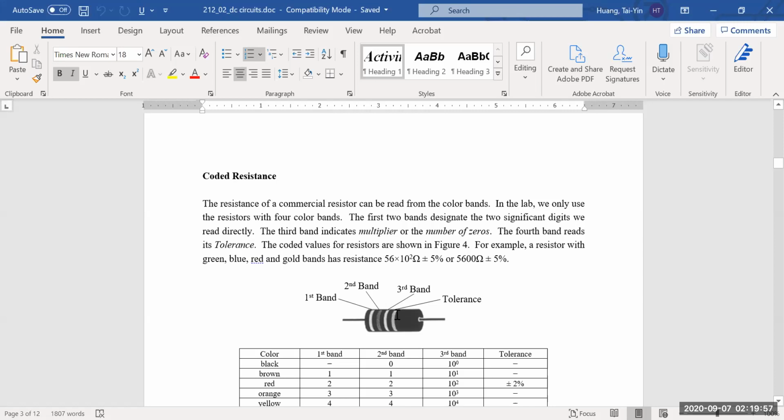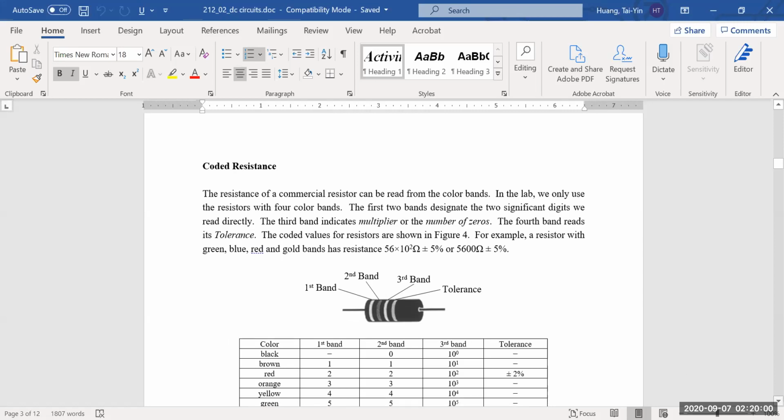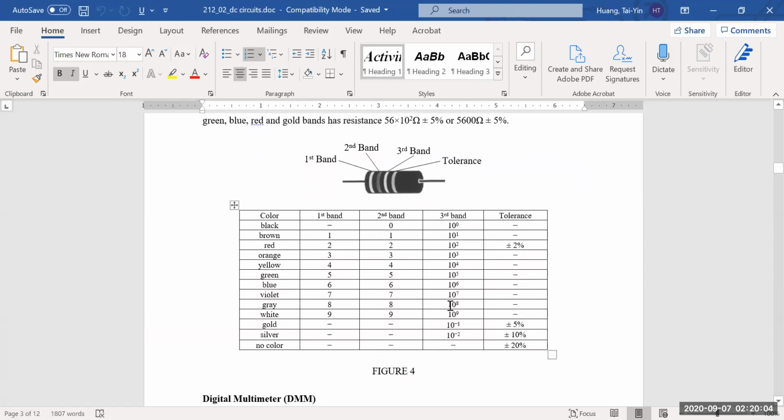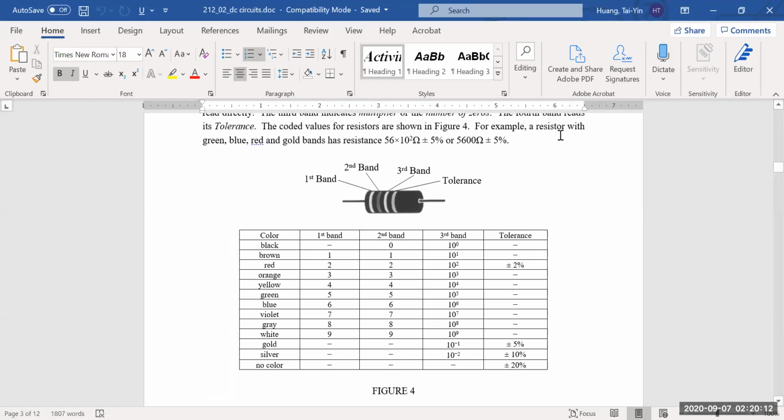Each band has a meaning. This table is the one that you would look up in order to find the resistance value. Take for example a resistor with green, blue, red, and gold bands.